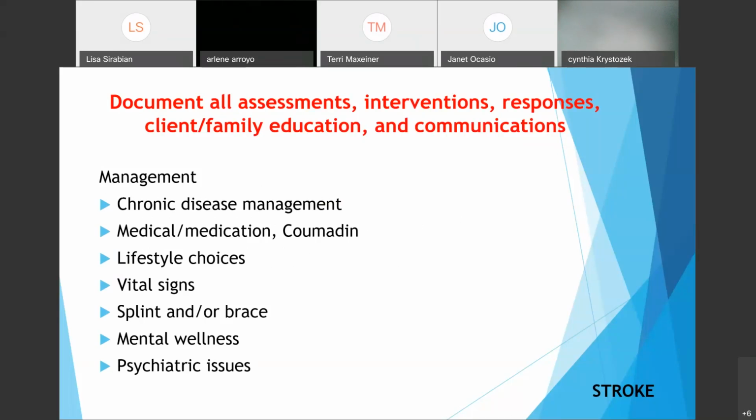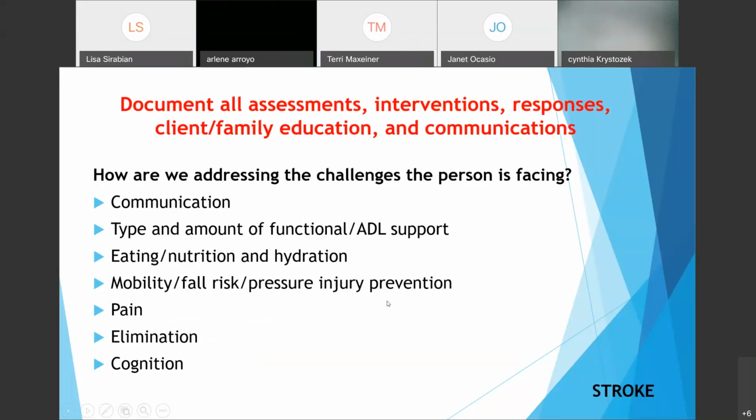That includes, of course, the cardiovascular, that AFib, the diabetes, and so on. The medical management, the medications, particularly Coumadin, but others as well, lifestyle, vitals, splint or brace, mental wellness, and psychiatric issues. Those play a big part in wellness too. And ultimately, how are we addressing the specific challenges that this person is facing?